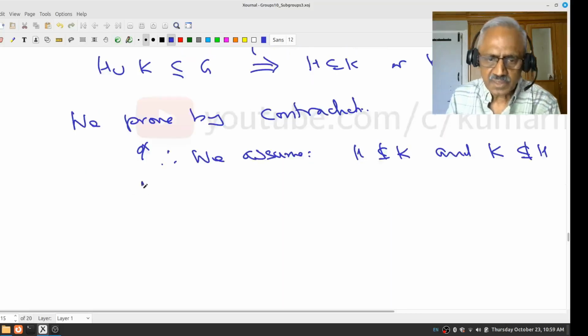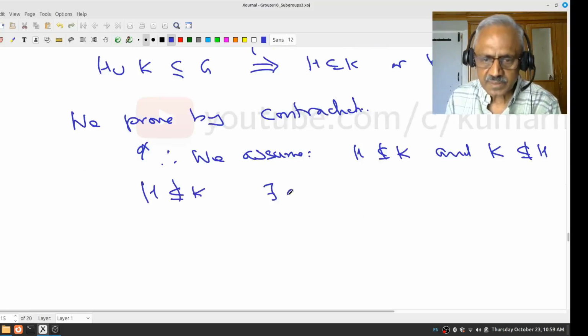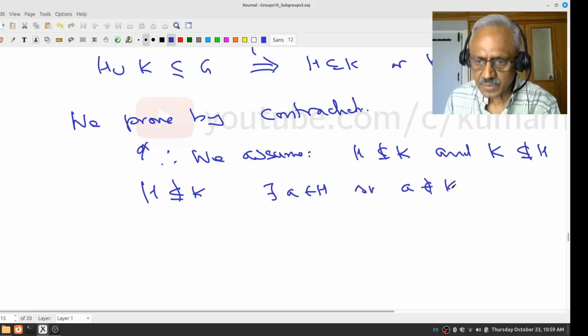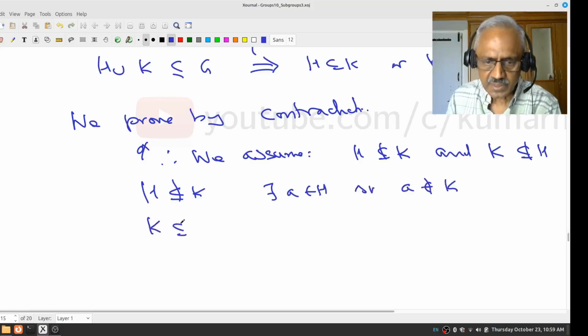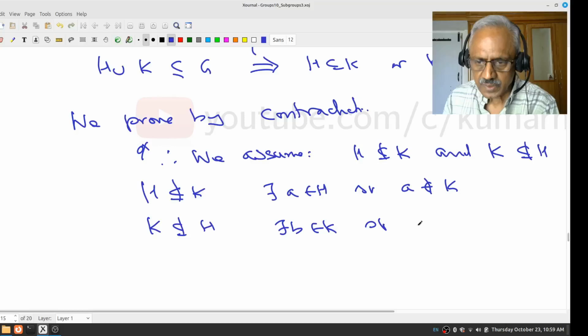Now H is not contained in K. What does that mean? There is an A in H such that A is not in K. Similarly, K is not contained in H. There is a B in K such that B is not in H.